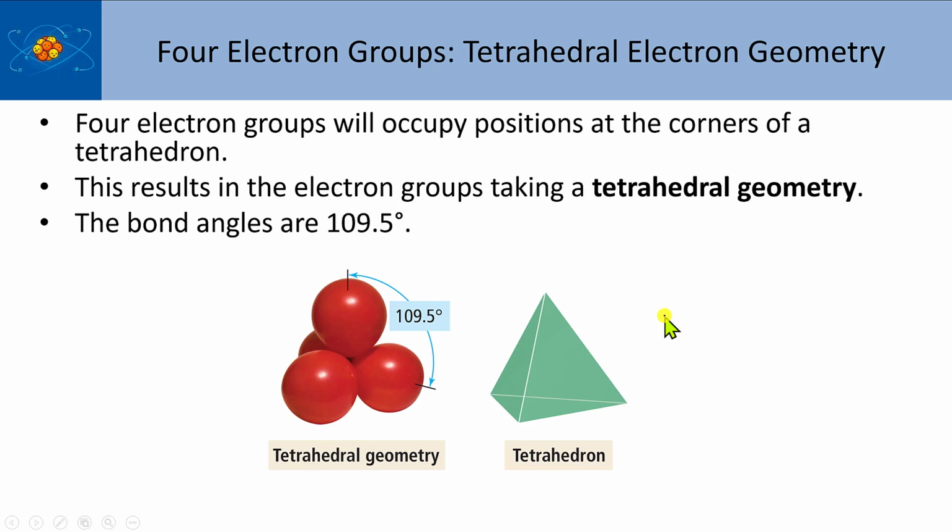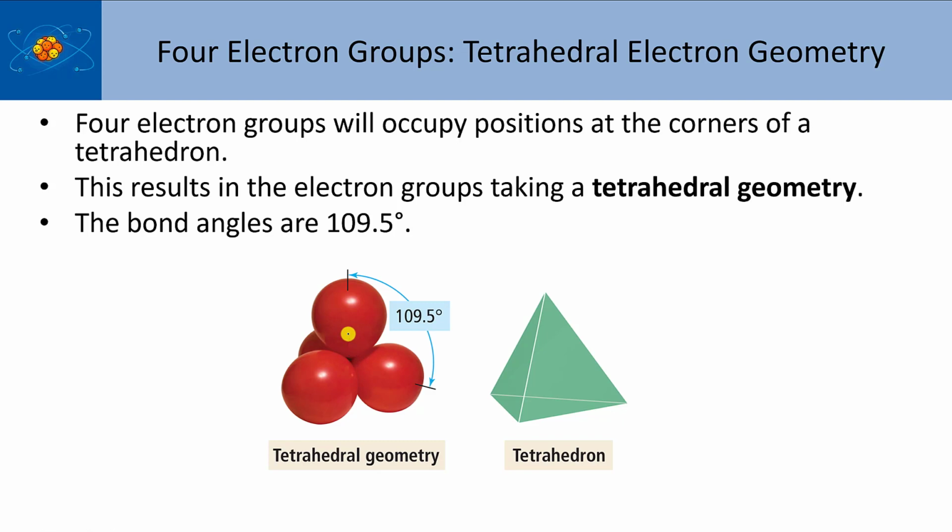Now, the 4th electron group actually forces us to go to 3 dimensions in our shape. So if you're trying to get a 4th group in, you can get the 4th group to be at 109.5 degrees of the other groups if you put it on top. You might have seen this in a couple of different places.